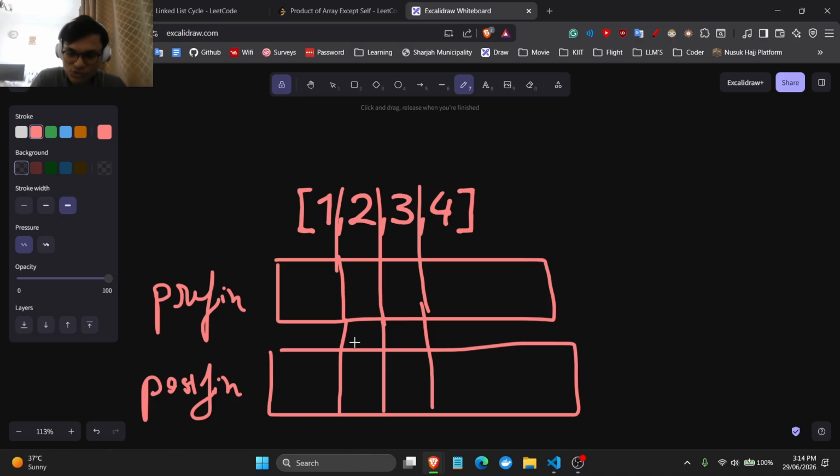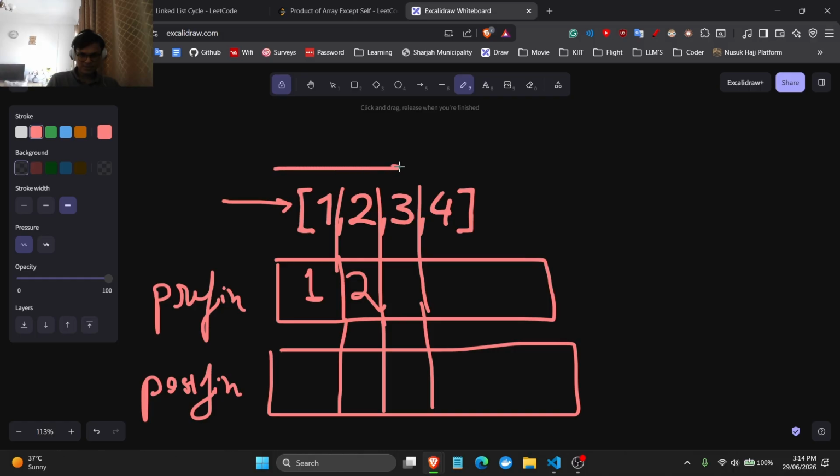So we need to create a prefix and a postfix array that can allow us to take care of this. Let's say I loop through this the first time: I'll have 1, that's the only thing I see. Then I'll have 2, so 1 times 2 is 2.